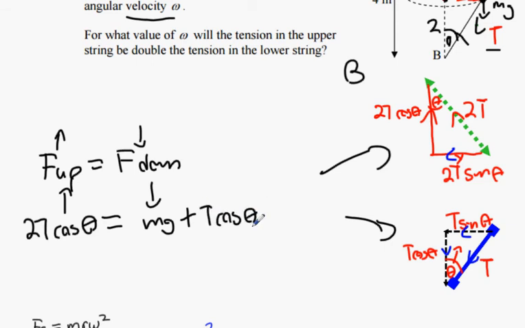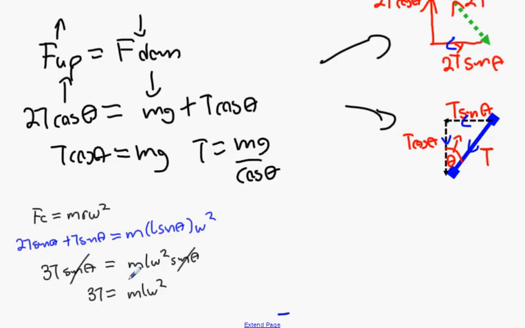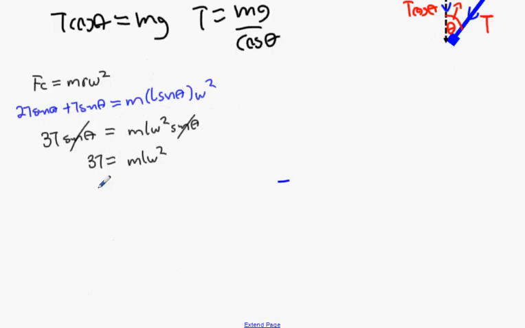Okay, and then what we're going to have is t. Bring it over to your side. We get t cos theta equals mg. T equals mg over cos theta. And if I was to fix the other equation up, I'll just divide by 3.